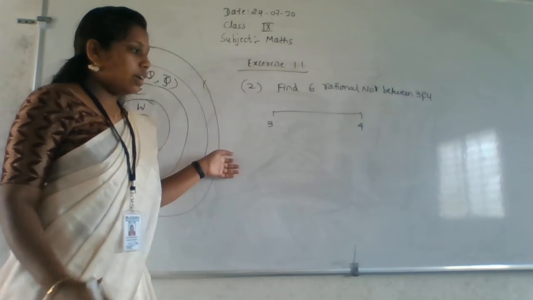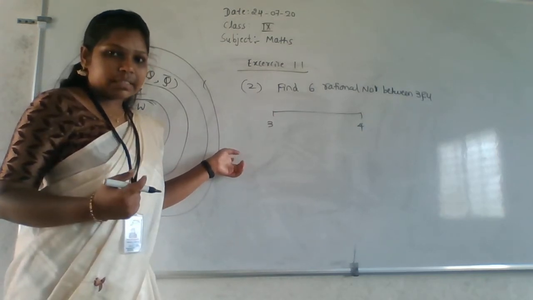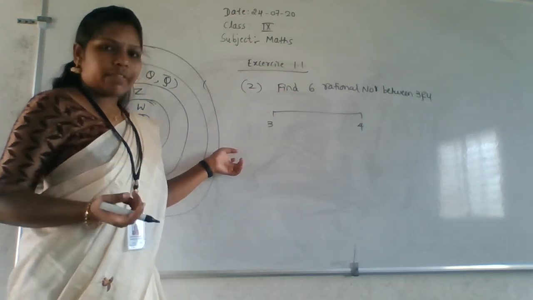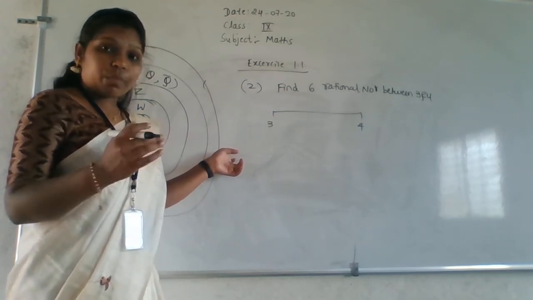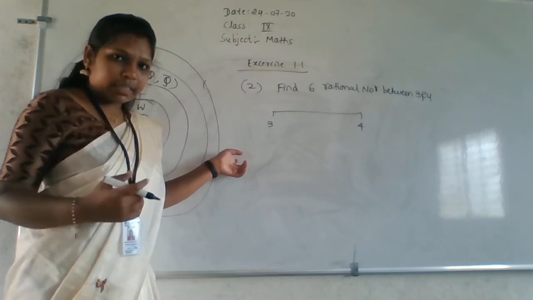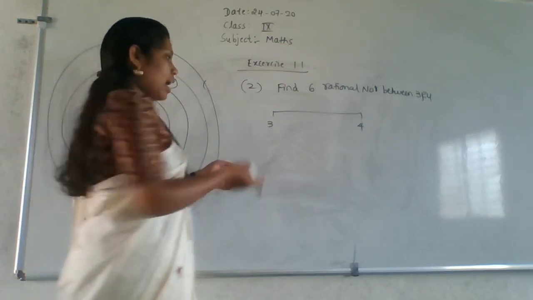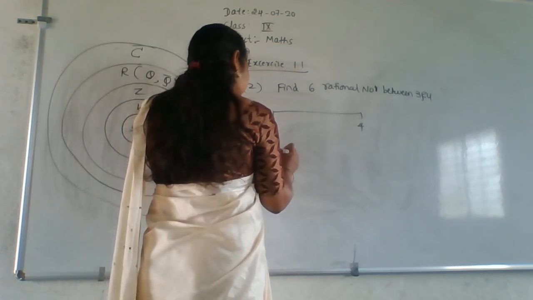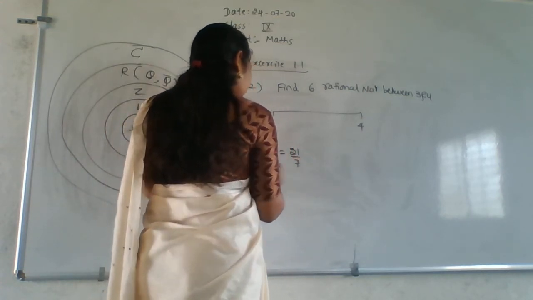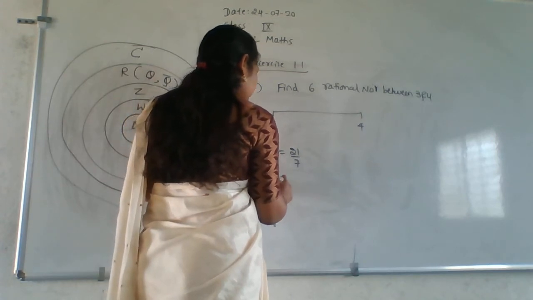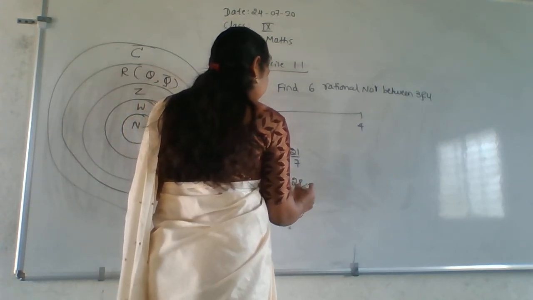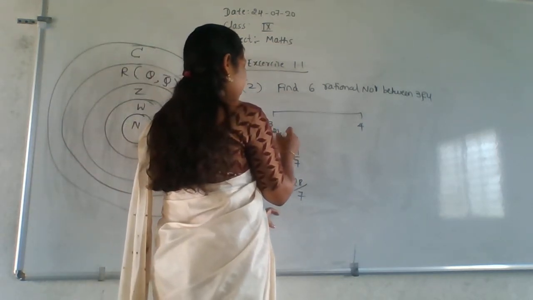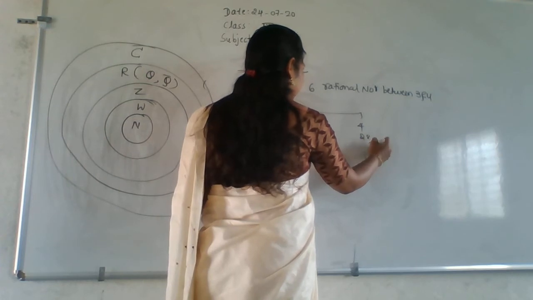So we multiply by 5 by 5, 6 by 6, 7 by 7, take any value. I am multiplying here by 7 by 7, so 3 becomes 21 by 7. Next, 4 into 7 by 7 is 28 by 7. So now we have the values here, 21 by 7 and 28 by 7.